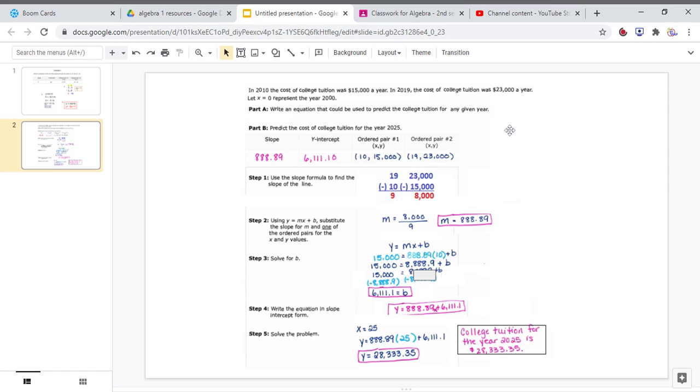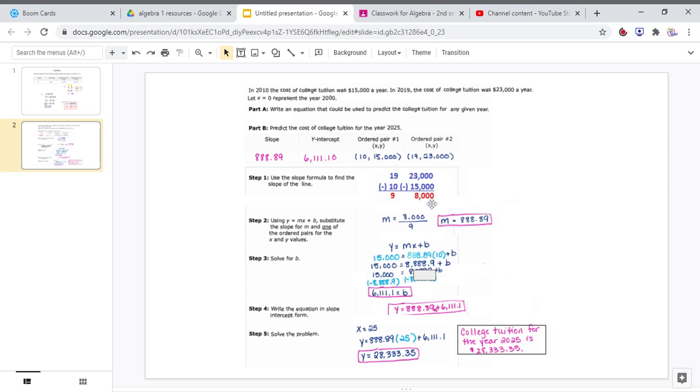So this is how you would do a problem when you're working a word problem, when you're trying to find the equation of a line and you only have the points. Okay, so first use your information here to figure out what your points are. In this case, we used our numbers here to write our ordered pairs. Then we take those ordered pairs and put the second over top of the first and subtract them.